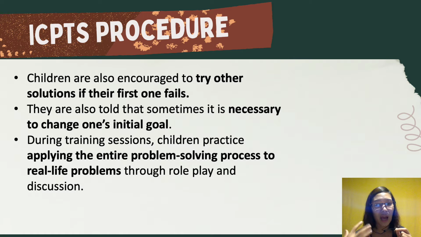That's why having more options or alternative solutions is a good idea. They are also told that sometimes it is necessary to change one's initial goal. During training sessions, children practice applying the entire problem solving process to real life problems through role play and discussion.